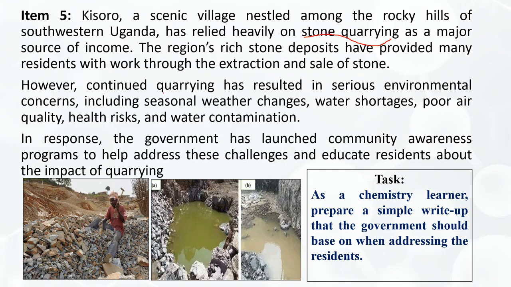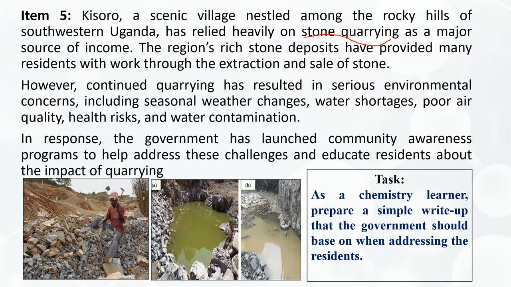However, continued quarrying has resulted in serious environmental concerns, including seasonal weather changes, water shortages, poor air quality, health risks, and water contamination. In response, the government has launched community awareness programs to help address these challenges and educate residents about the impact of quarrying.